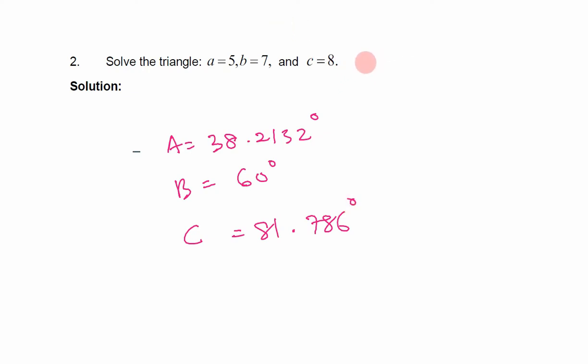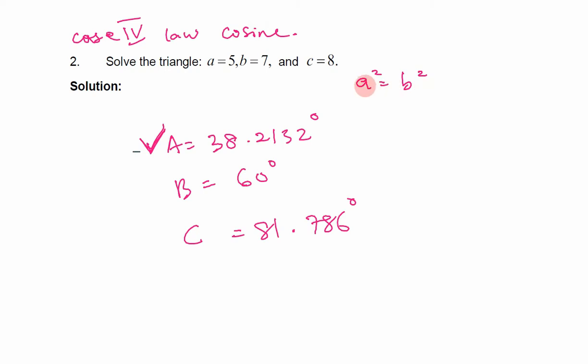So let's look at how you do it. If you want to know A, you will use the formula for A squared equal to B squared. Since this is case 4, we will use law of cosine.